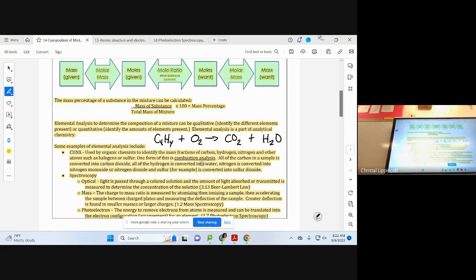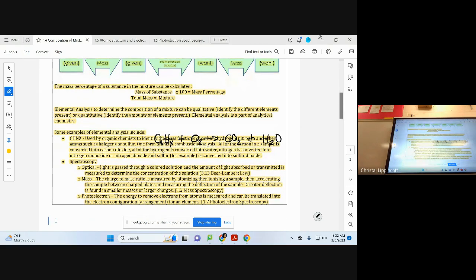That's called combustion analysis. We can do this optically, using light. You can do it optically using the Beer-Lambert law, which we will get into in unit 3, where we use the spectrophotometers.